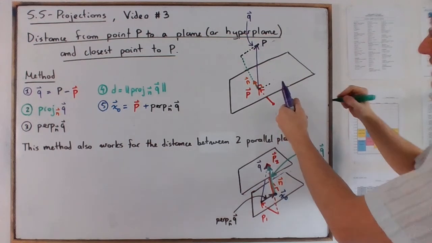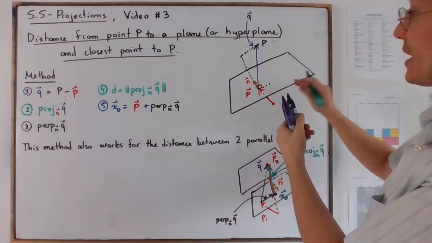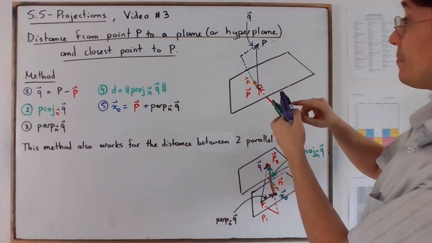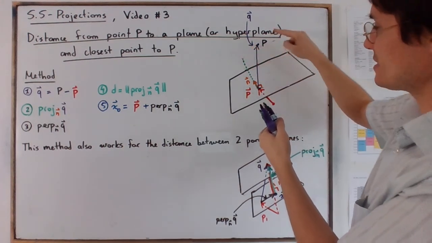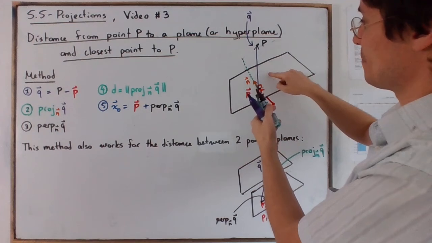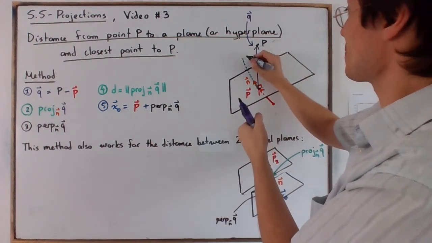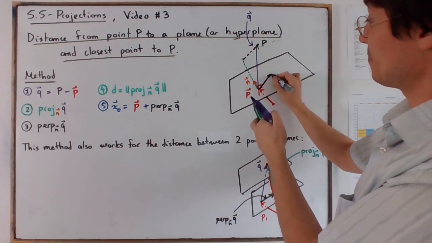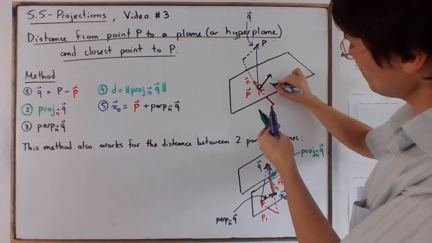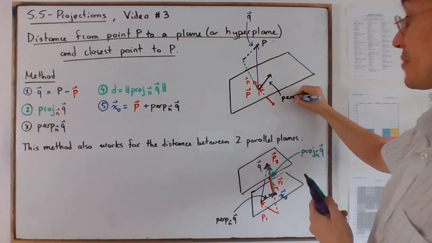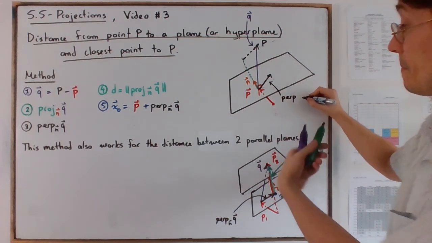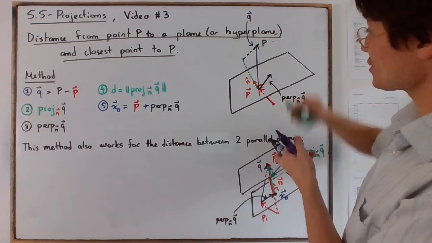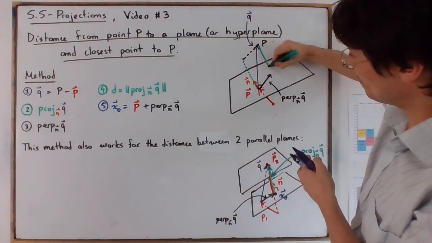What's important to realize is that if we go along the perp, let's suppose the perp is somehow like this. Well, we can draw the perp also here. So this vector here will also be the perp of q on n, and the projection will be here.